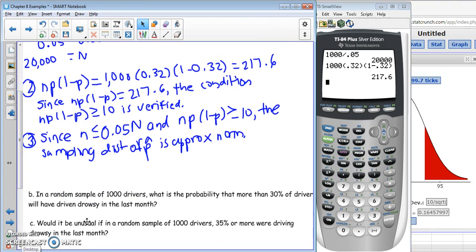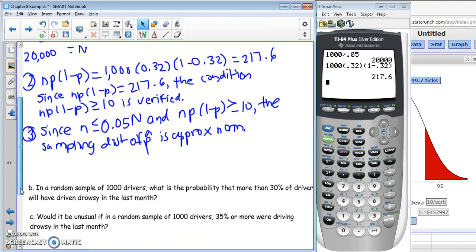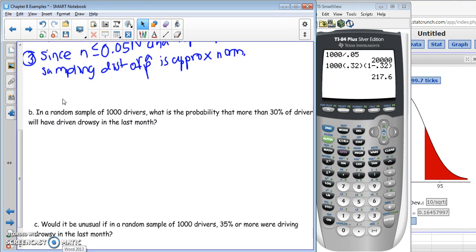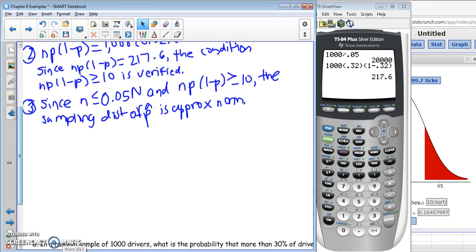So again, I'm going to put these down here. Our mean here is our center.